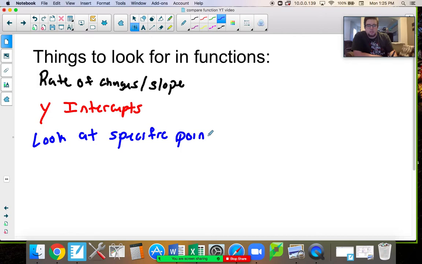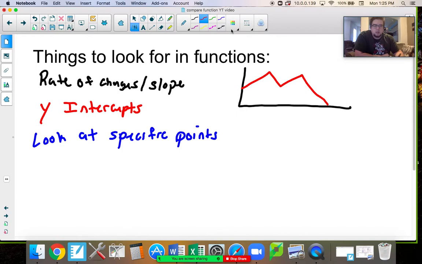Specific points. So especially when you've got a crazy looking function, for instance, if I draw this, some points that might draw your attention are the y-intercept point, and then all these points where our graph seems to change direction, as well as when it hits the x-axis. Those seem to be pretty important points overall.